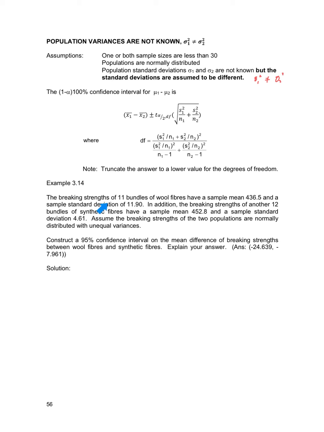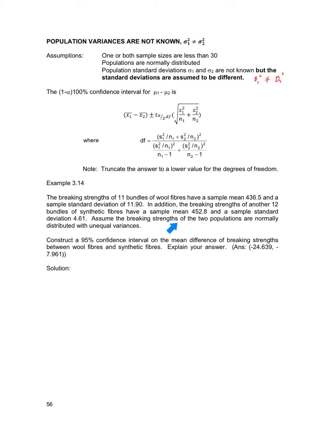The breaking strength of 11 bundles of wool fiber have a sample mean 436.5 and sample standard deviation of 11.9. In addition, the breaking strength of another 12 bundles of synthetic fiber have a sample mean 452.8 and sample standard deviation of 4.61.